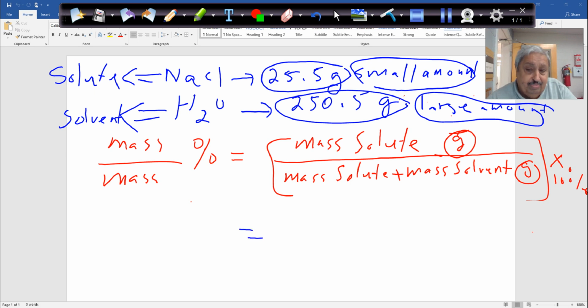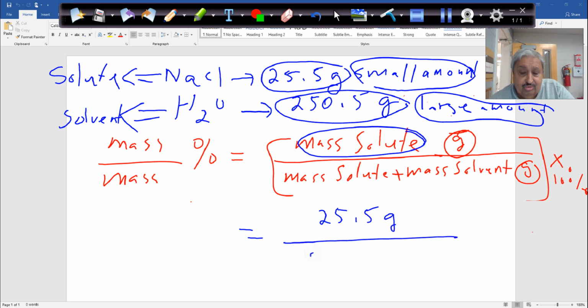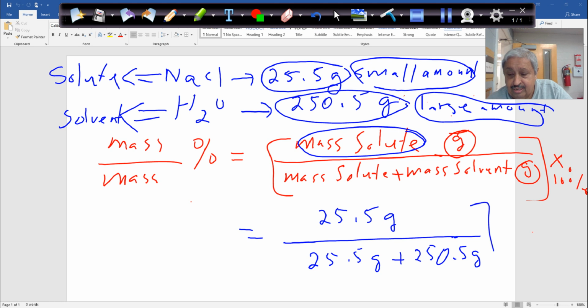So now here, because this is very crucial, the top is 25.5 grams, the small amount, the solute. Then it is divided by 25.5 grams plus 250.5 grams, and the whole thing multiplied by 100%.